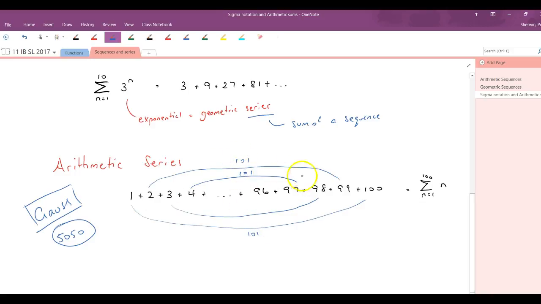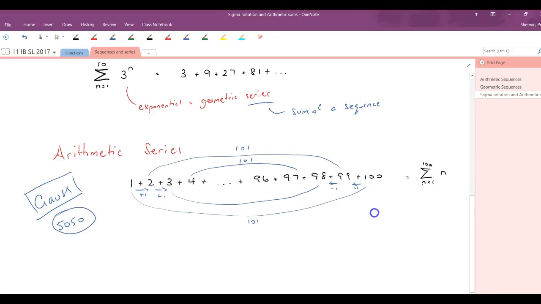And if you think about why that is the case, then as we go up by 1 here, we go down by 1 here. So whatever this is here, this will be our d, our difference. We're going down by that difference each time from the right as we go up from the left. So we're always going to have, in an arithmetic sequence, pairs of equal sums.